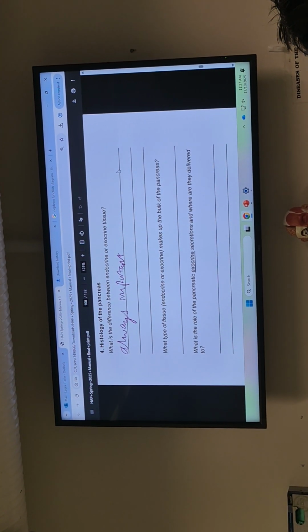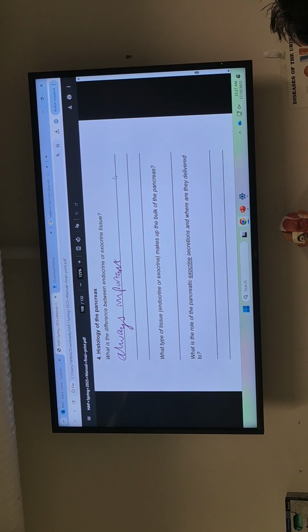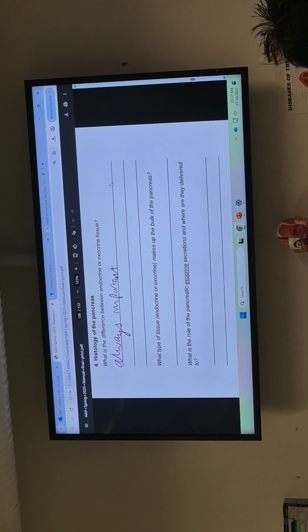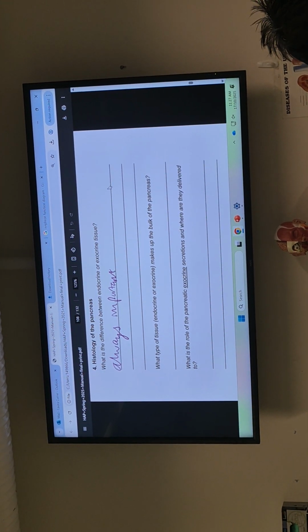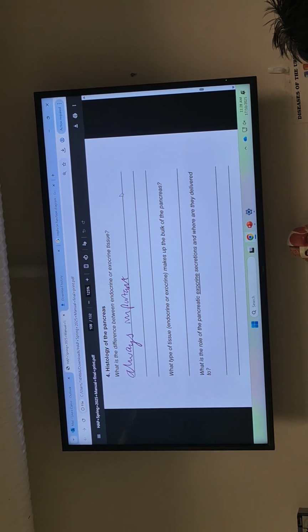Endocrine just means that it is released into the blood and it is mostly in the form of hormones, okay? Exocrine is usually done through a duct or something like that. And in this case, it would be pancreatic juices or pancreatic enzymes, okay?